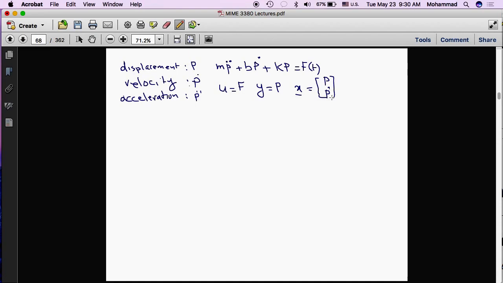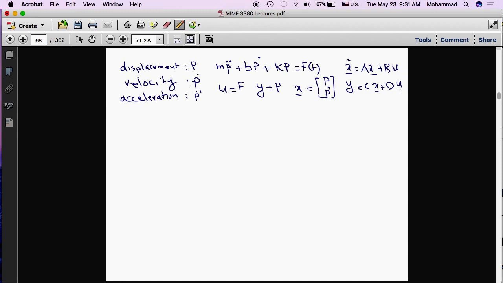Okay, and the form of the state space that we are after is this. We want x dot as a function of x and u, and we want output as a function of x and u. If we get to these two lines of equations, we have our state space model. That's what we need to do.